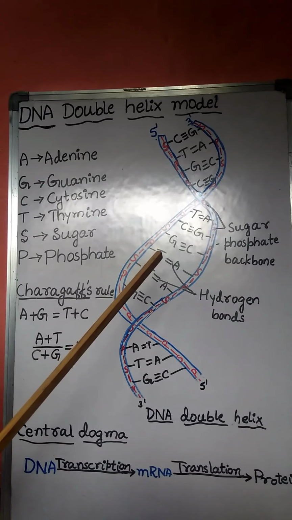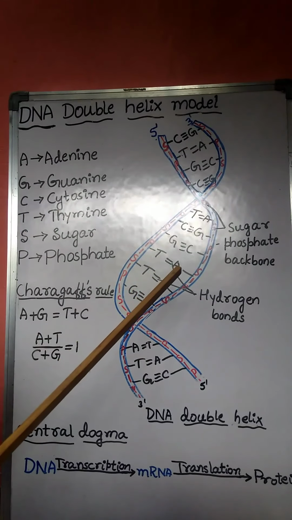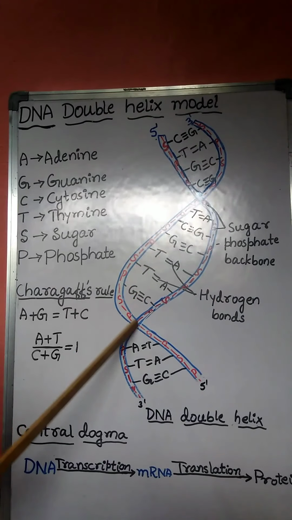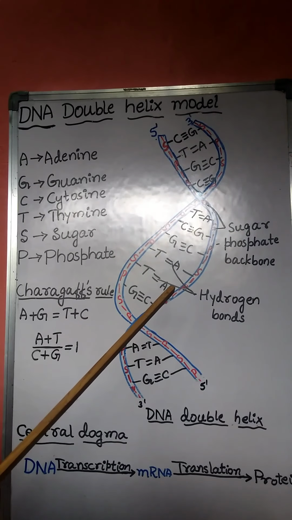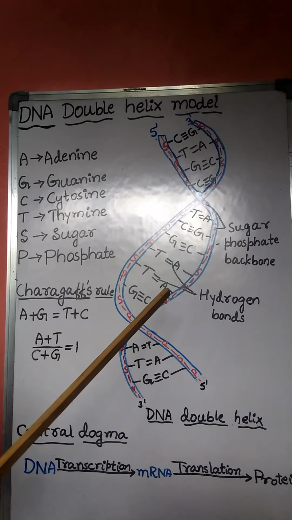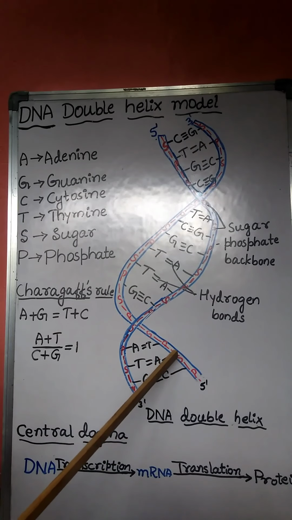Such a form of DNA is called B-DNA. B-DNA is a type of DNA where the two polynucleotide strands are right-handedly coiled.